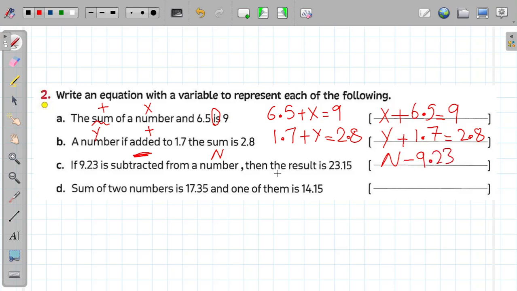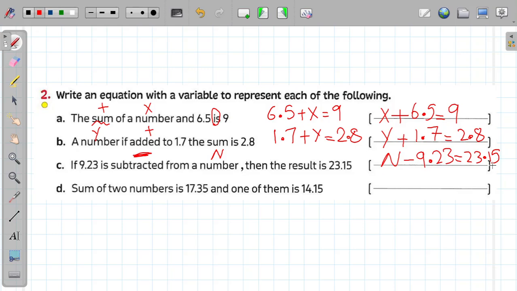And the result means equal to 23.15. So our equation is n minus 9.23 equals 23.15.